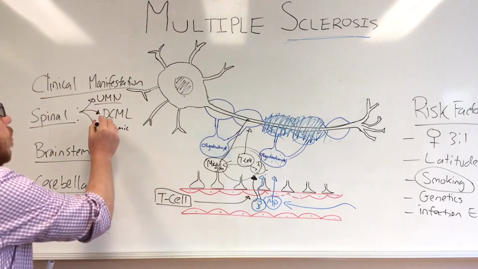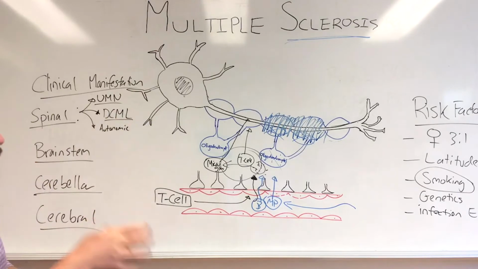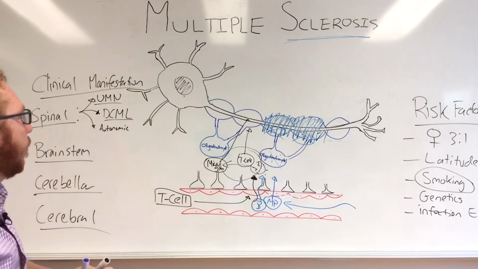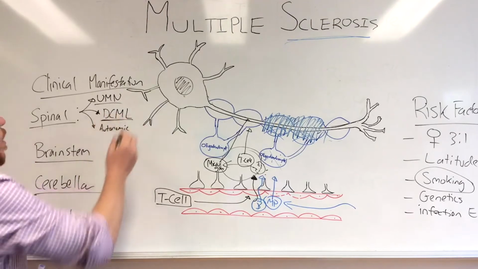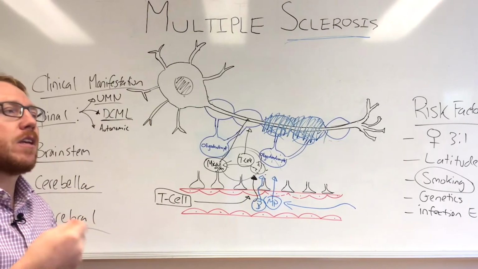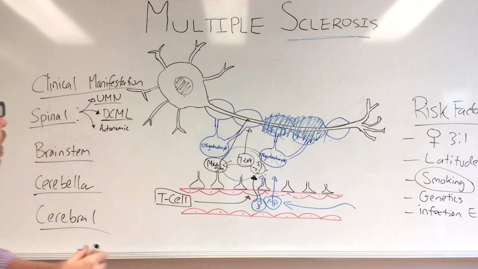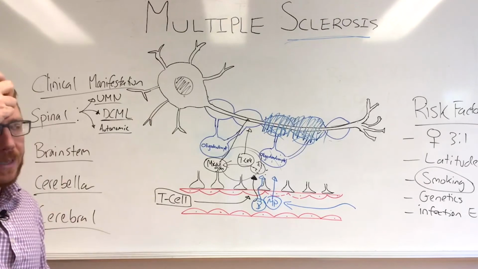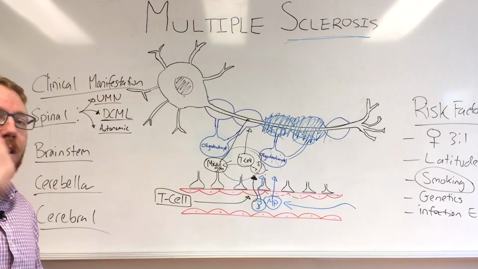When you look at the dorsal column medial lemniscus, this is the dorsal column at the back of the spinal cord, and these are very heavily myelinated nerves. If you start to affect those, the patient is likely to get pins and needles and numbness, so paresthesias. Autonomic can affect bowel and bladder, particularly the bladder, which seems to be more commonly affected.